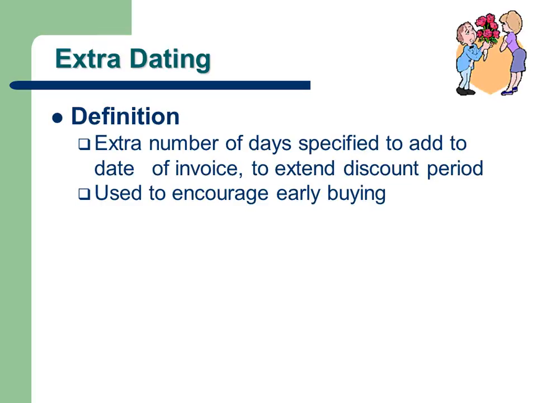In that case, the vendor may give this merchandise to the buyer and say give the extra dating term so that the buyer has a more extended cash discount period for them to wait and pay and still get the cash discount. And by doing so, the vendor is encouraging the buyer to make the purchase earlier than they actually need the merchandise.